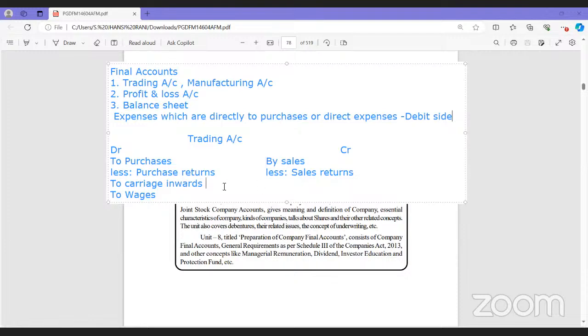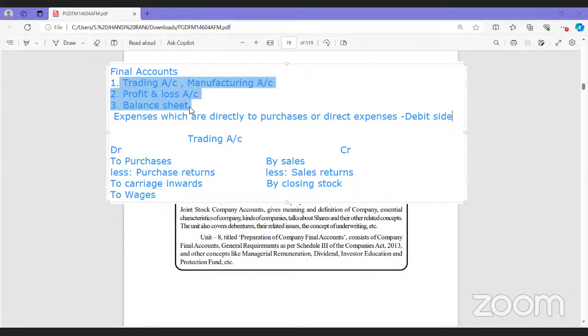So that is called closing stock. We call it closing stock, the stock which is left over. Why am I talking about closing stock? Because these final accounts, like the trading account, profit and loss account and balance sheet, are prepared at the end of the financial year.